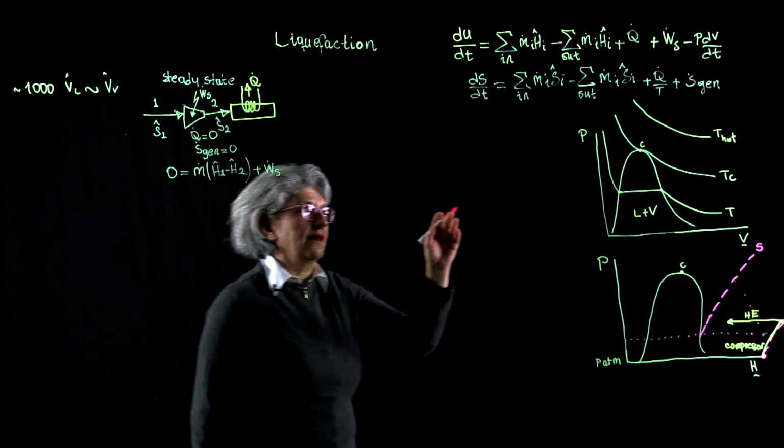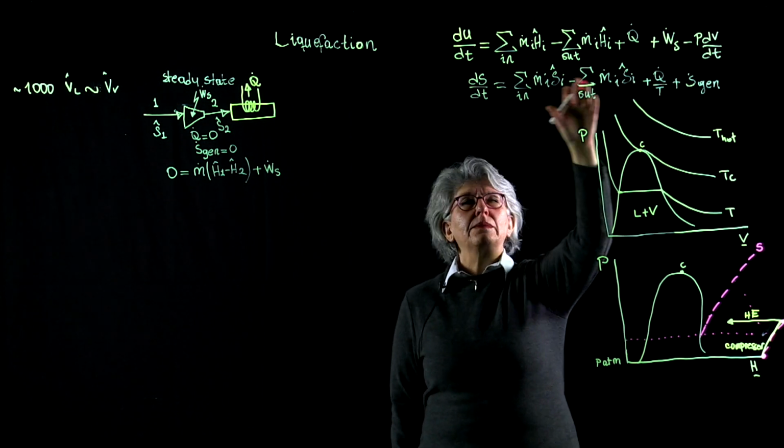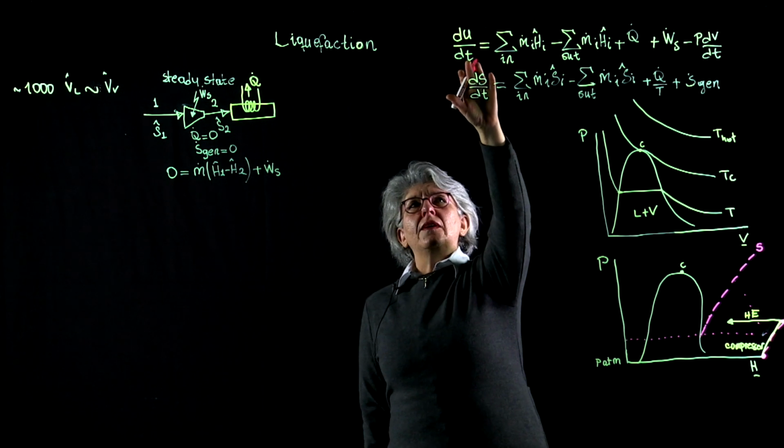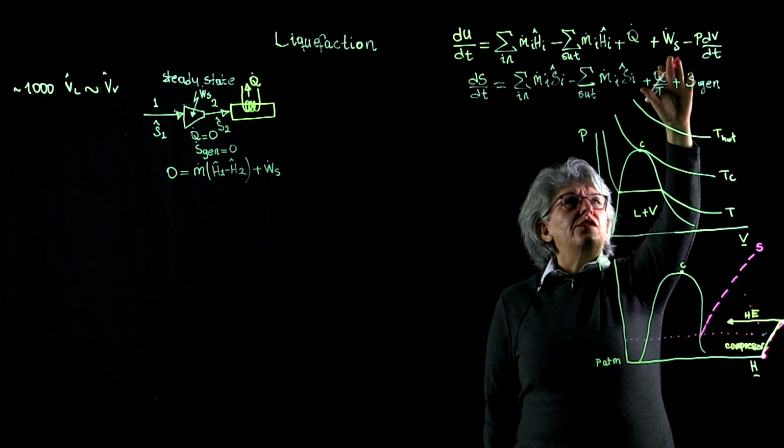So let's again finish our analysis from the general first law equation. The process is at steady state, so this term is absent. There is no shaft work.